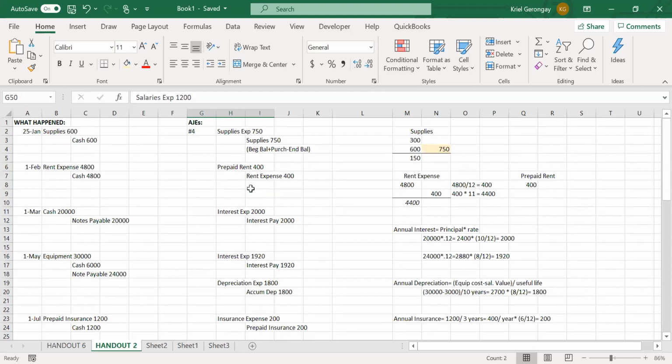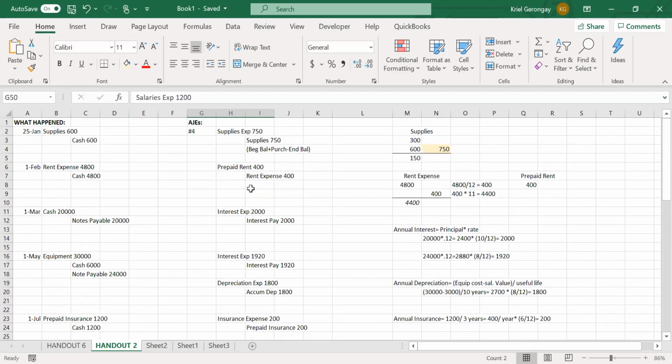So it's about 3 different things that we do. We first record the transactions, the ones that have the dates, and then we go to the bottom and do those, and then do the adjusting journal entries. It's 3 steps, if I'm correct. Yes.